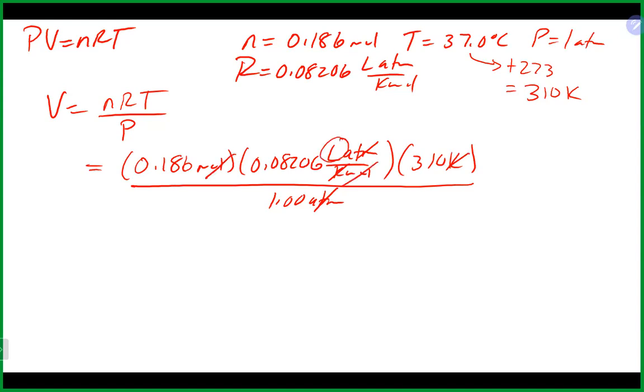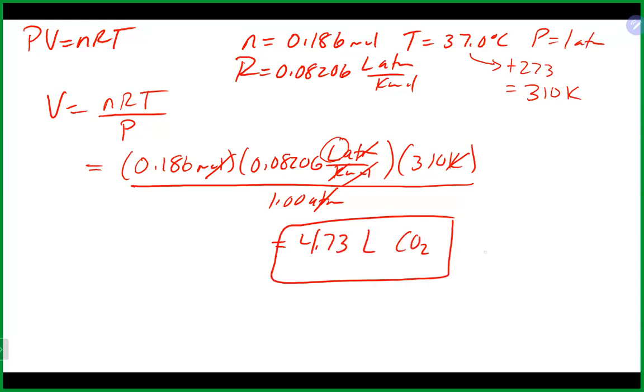That's going to leave us liters, which is good because we are solving for a volume. So 0.186 times 0.08206 times 310 equals, divided by 1. Going to give us 4.73 liters here of CO2 would be produced in this case. And by the way, that would be like your theoretical yield.